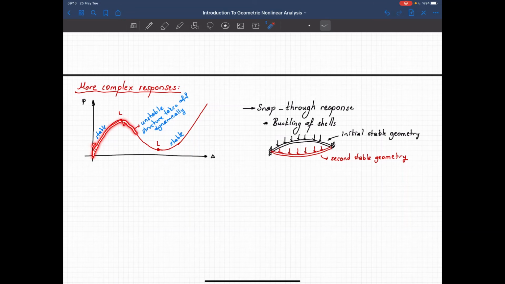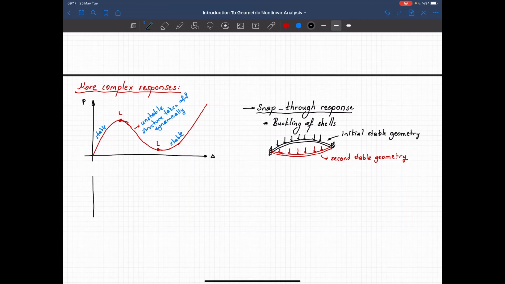With the buckling it continues to deform. Now it finds a second stable geometry. It can carry the applied loading with tension, and then it can continue all the way. Okay, so this type of behavior is called snap-through response.